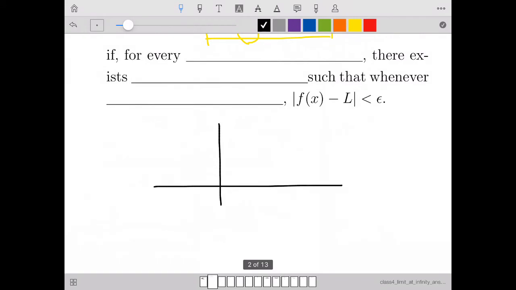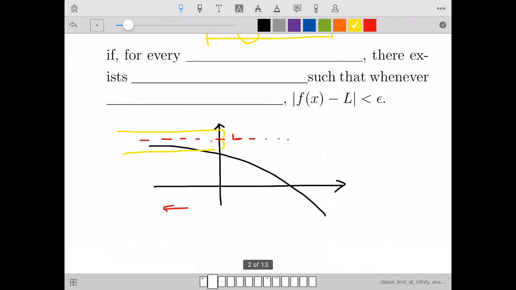So now the graph goes like this, as x approaches minus infinity. So let's say this is L, and I look at epsilon band, then I can find n such that whenever my inputs are less than n, my output is inside this band.